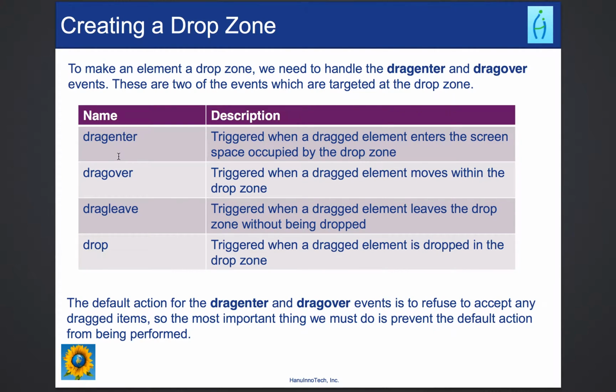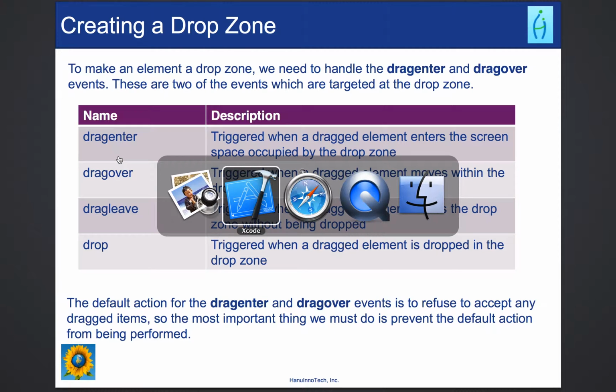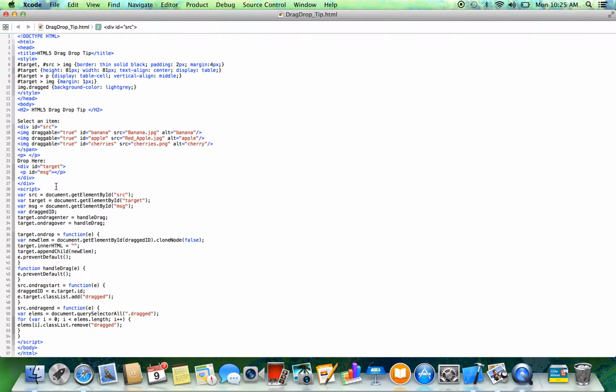So going back to our sample page, on the drop target we have enabled on drop, and we have enabled on drag enter and drag over. Our goal is, as part of drag enter and drag over, we want the browser to perform the default operation. On the drop, as we indicated prior, we want to replicate that image.